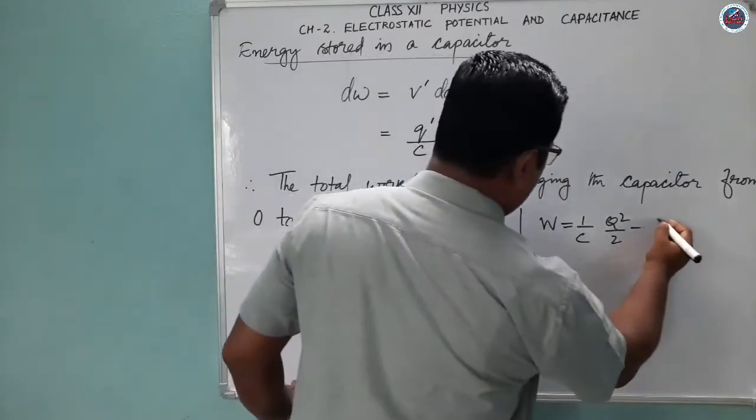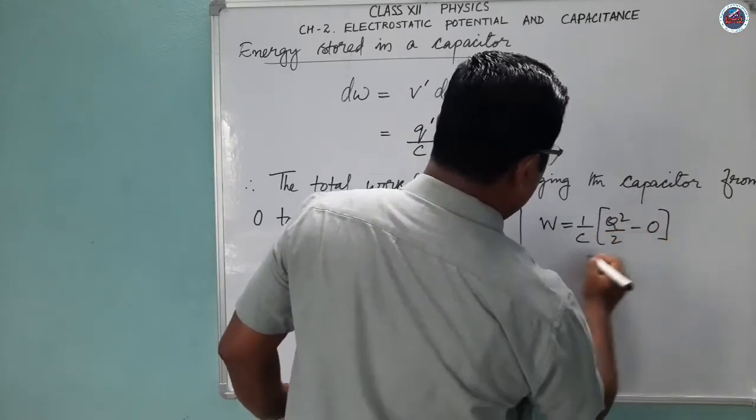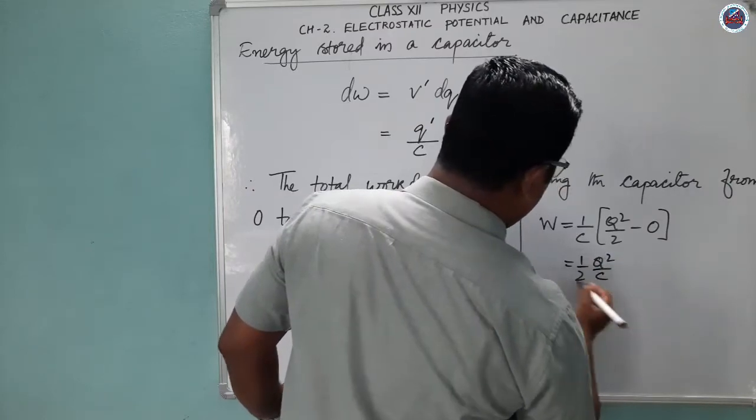If you put 0, it will be 0 squared divided by 2, which is 0. So you can write this as 1 by 2 Q squared by C.